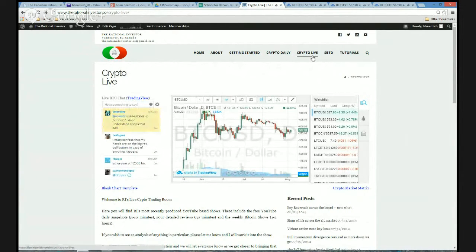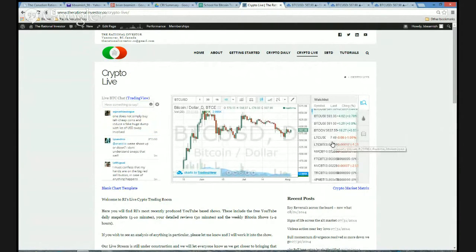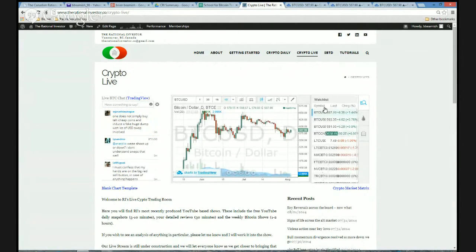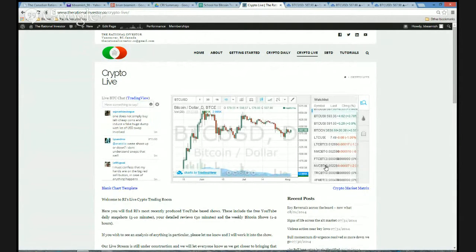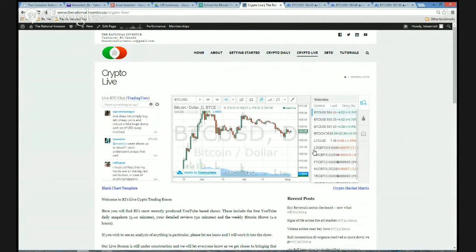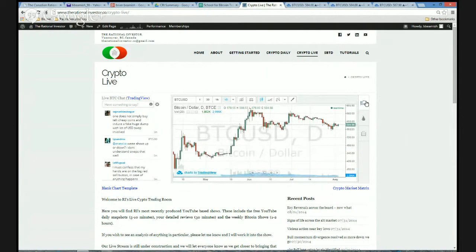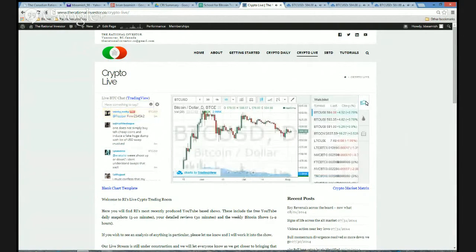Speaking of which, in the Crypto Live Room, I took some time over the weekend and altered the chart tablet a little bit, so now we have a nice quote list of all of the cryptocurrencies that TradingView follows, as well as a nice chart applet. It just sits in there really nicely. As in the tutorial, you can always expand or contract the quote pane.